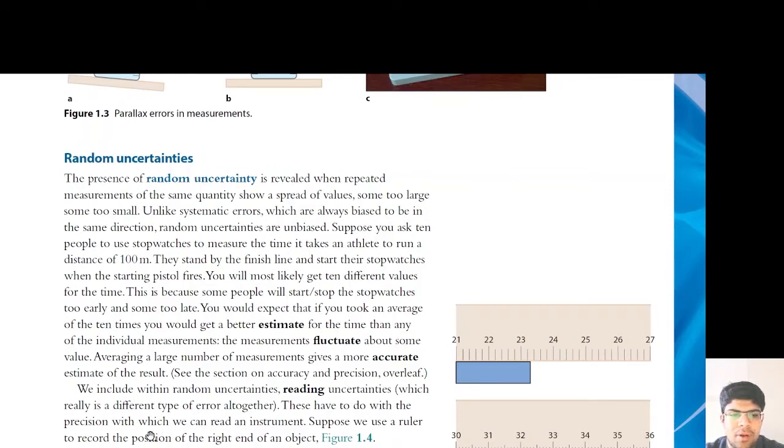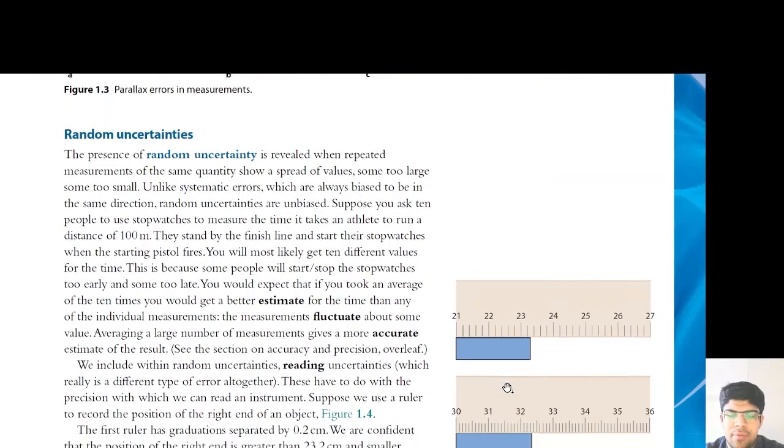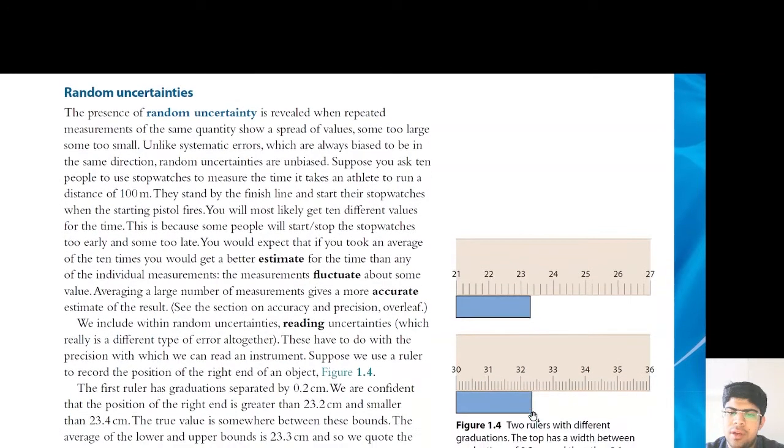Suppose we use a ruler to record the position of the right end of the object, like here. We can see the difference between the two rulers with different graduations. The top has a graduation of 0.2 centimeters, and the other is 0.1.